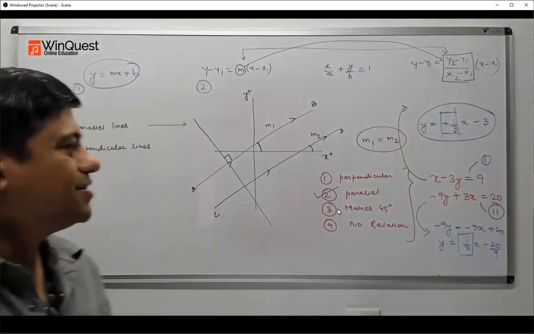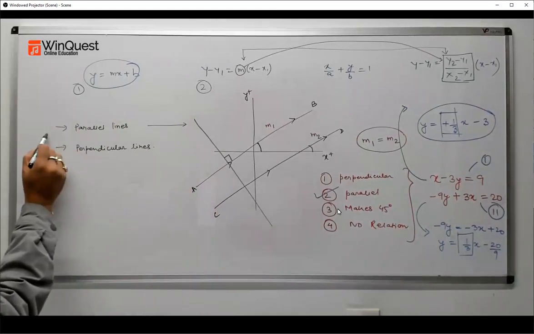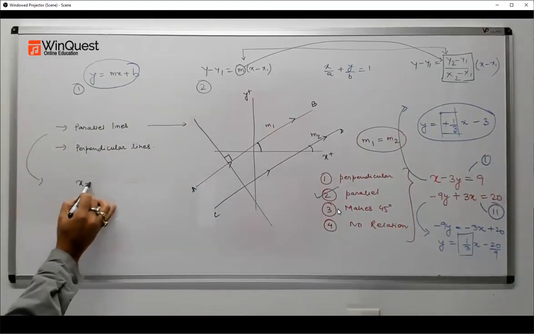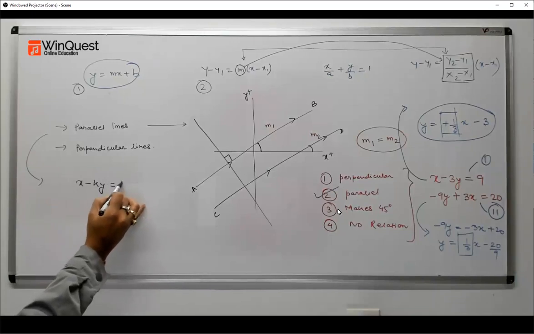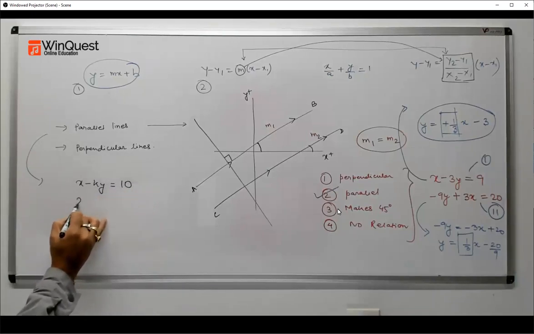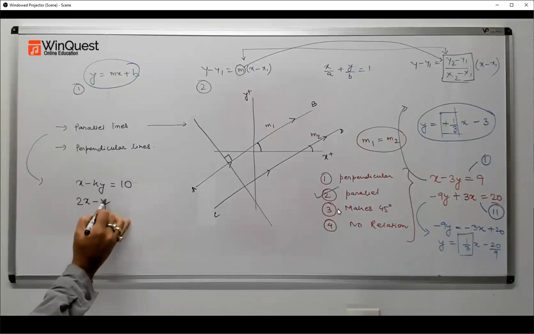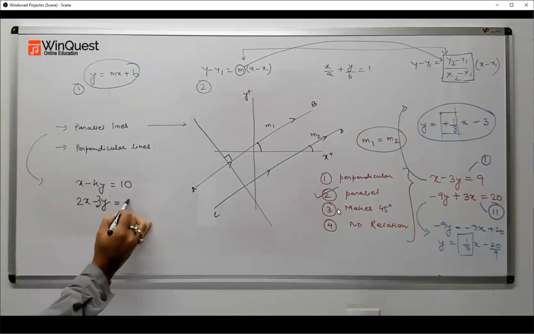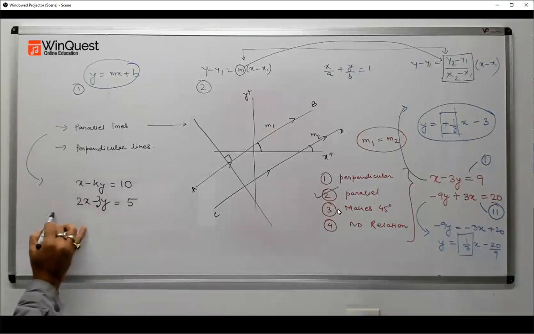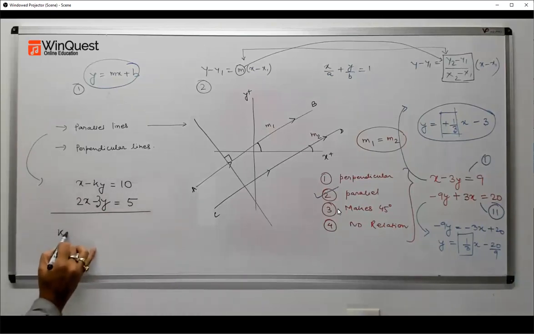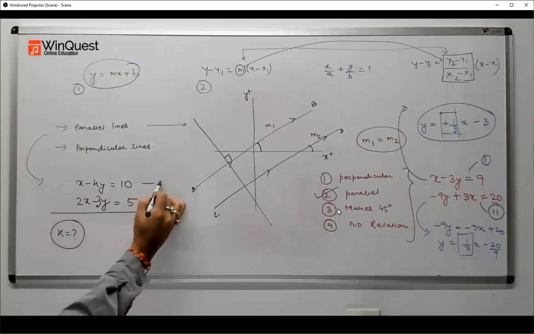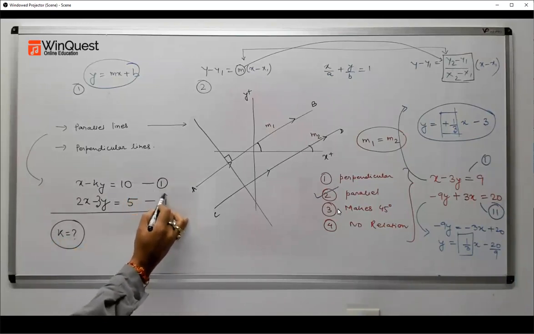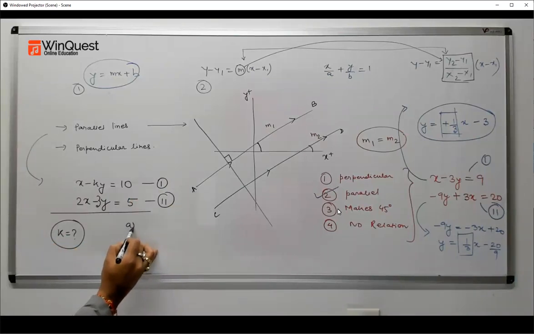Another type of question that sometimes comes along similar lines. x minus ky equals 10, 2x minus 3y equals 5. Question is, for what value of k are equation number 1 and this straight line parallel? Option A, half.